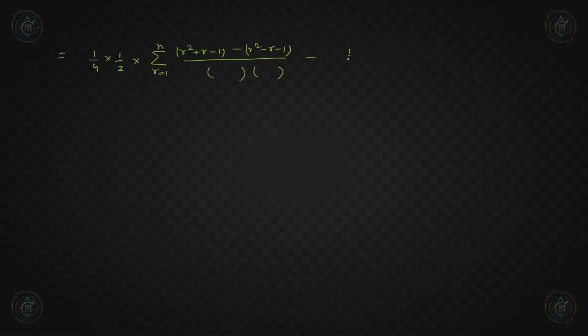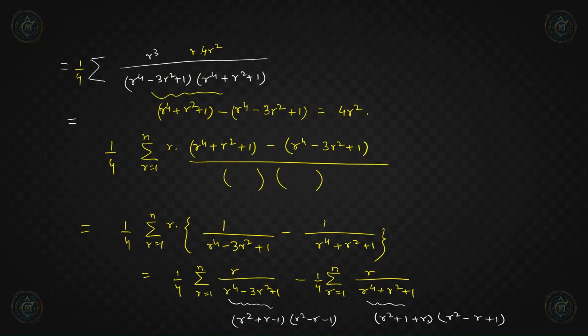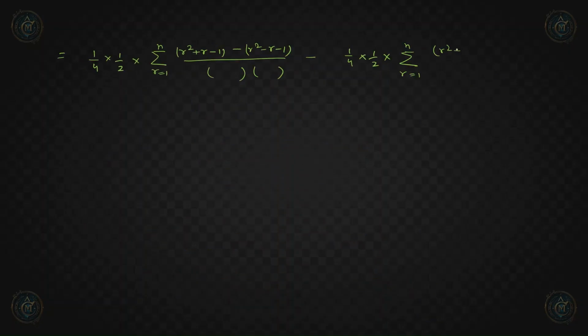That means 1 by 4 times 1 by 2 times summation r equal to 1 to n. Then we have r square plus r plus 1 minus r square minus r plus 1, okay, divided by the product of these two terms. Now the rest is simply calculation by telescopic approach. So this will be 1 by 8 outside the whole expression.